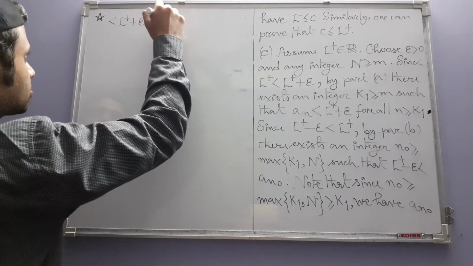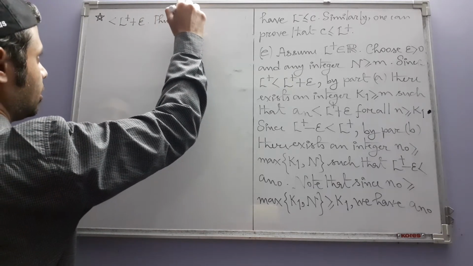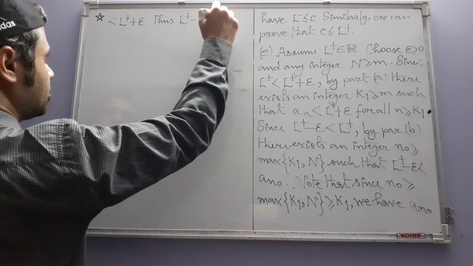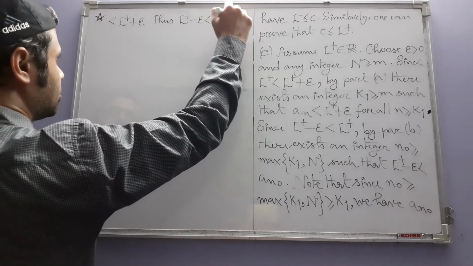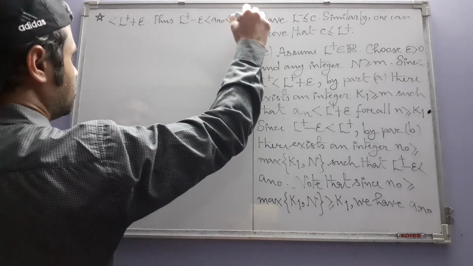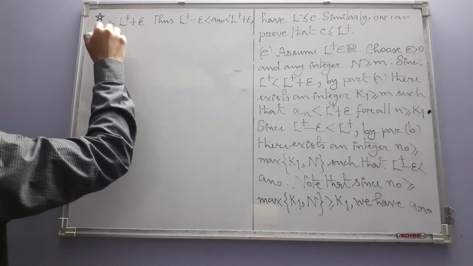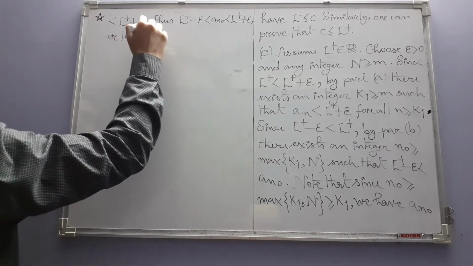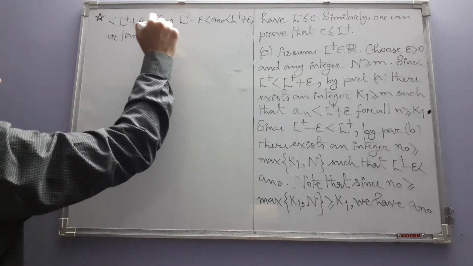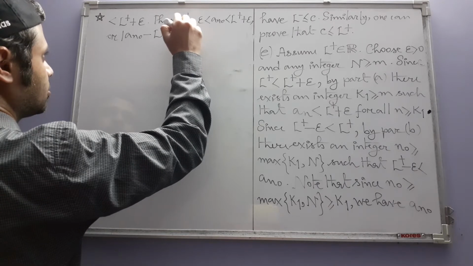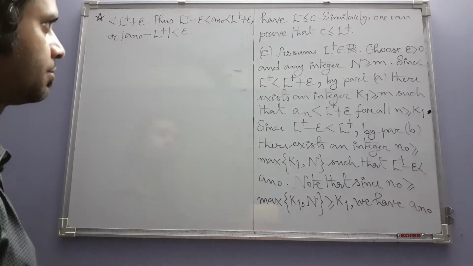Thus, L plus minus epsilon is less than a_n naught and a_n naught is less than L plus epsilon, or the absolute value of a_n naught minus L plus is less than epsilon.